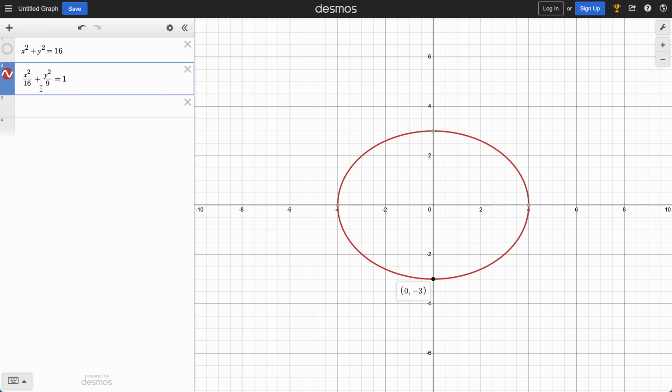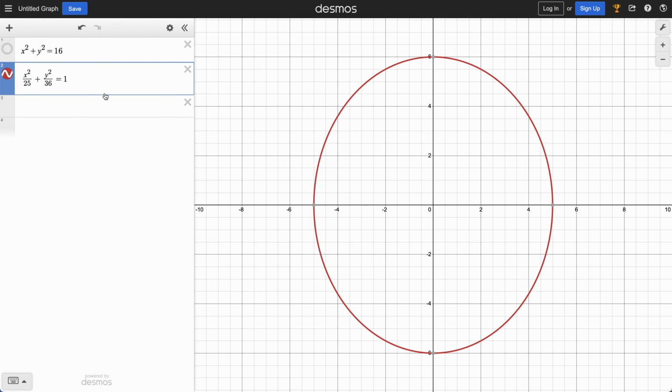So if I want to graph an ellipse, all I'm doing is looking at the square roots of the numbers. If I take the square root of 25, I'm at -5 and +5. If I take the square root of 36, I'm at 6 and -6. So when we're sketching an ellipse, the key is to be able to have it equal to 1.